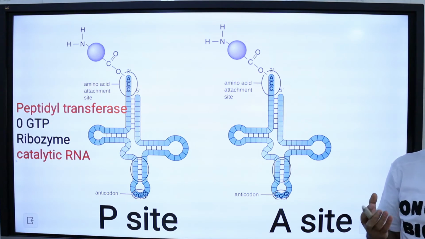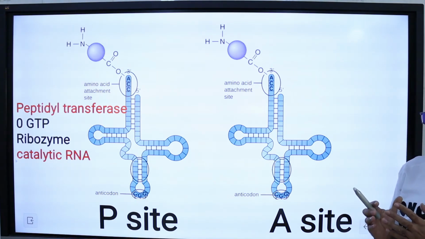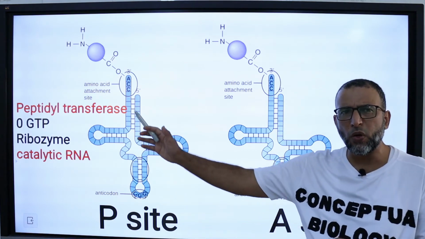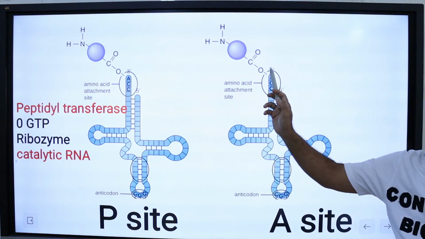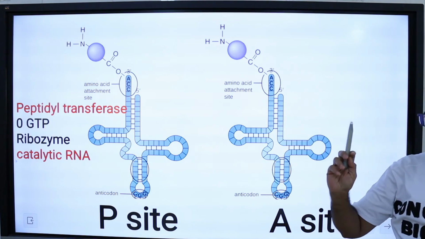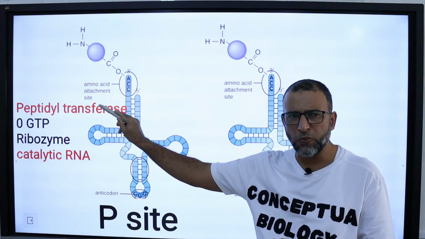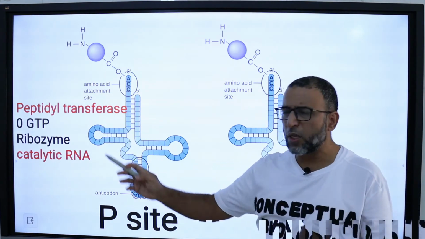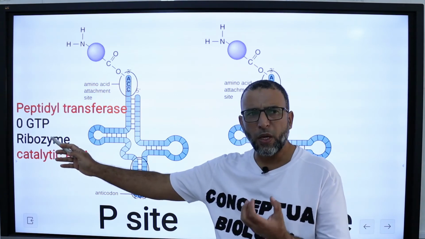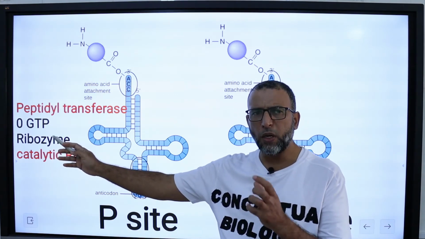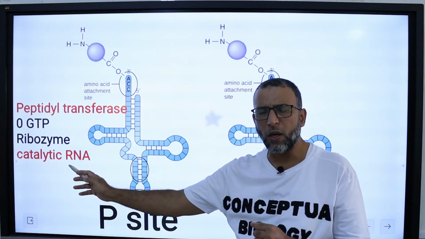It does not require energy because ATP transferred energy during the formation of aminoacyl-tRNA. So, peptide bond formation only requires one enzyme, called peptidyl transferase. This enzyme is not a protein, but a ribozyme, that is the RNA component of the large ribosomal subunit, called catalytic RNA.